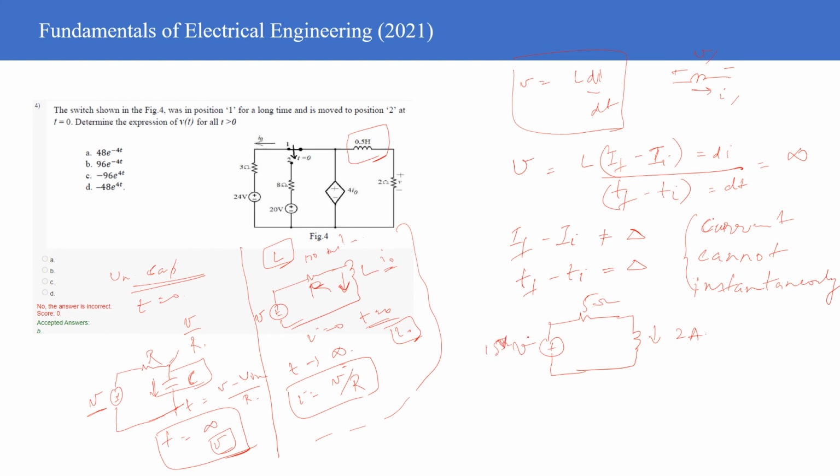So the final steady state current will be equal to 3 ampere, right? Because the inductor will behave as a short, and the final current will be equal to 15 by 5. But then you must realize that at time t equals 0, the current flowing will be equal to 2 ampere. The current cannot change instantaneously, so it will be equal to 2 ampere.